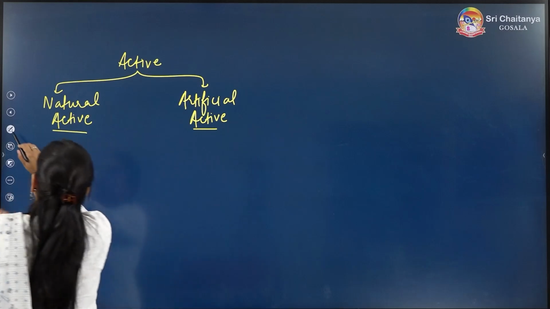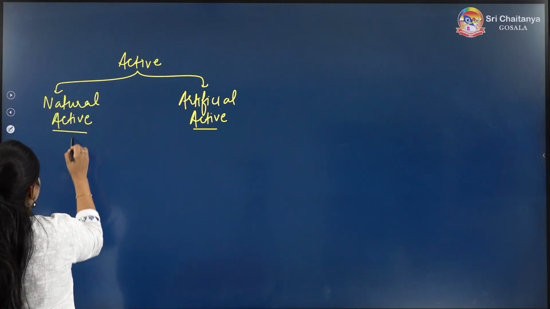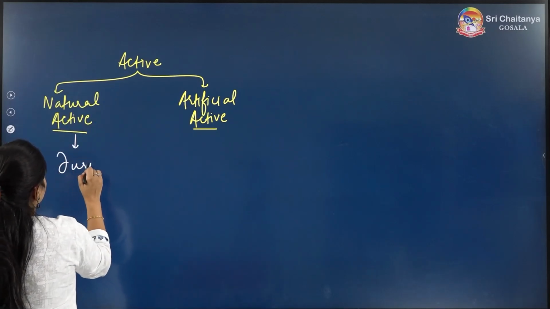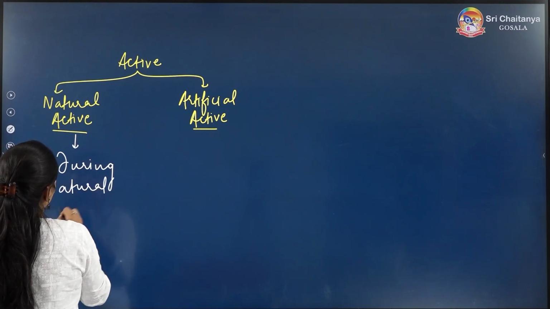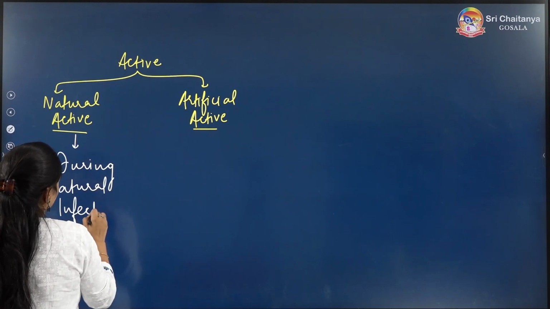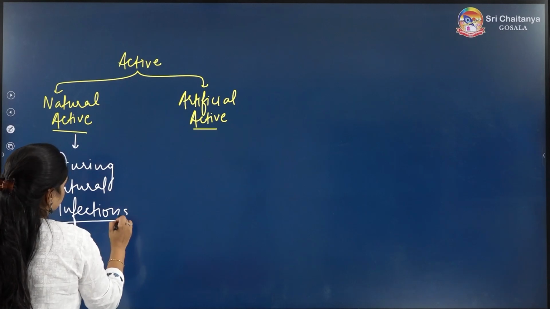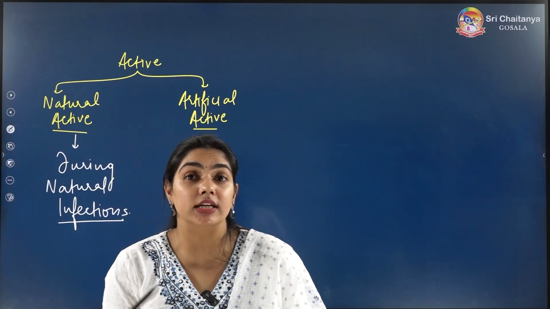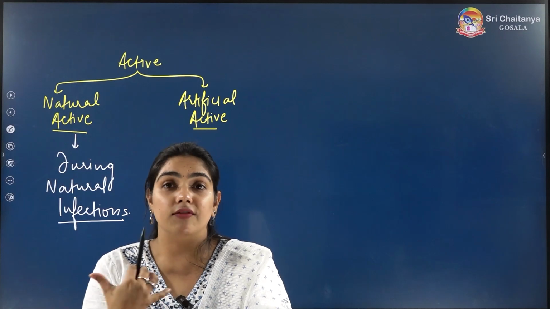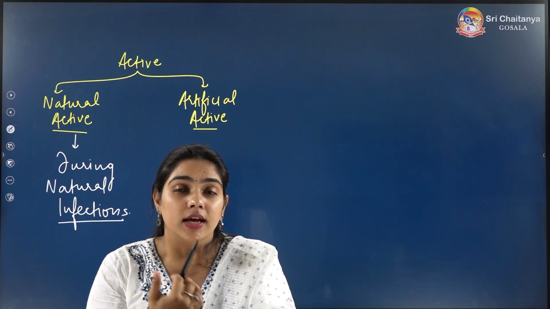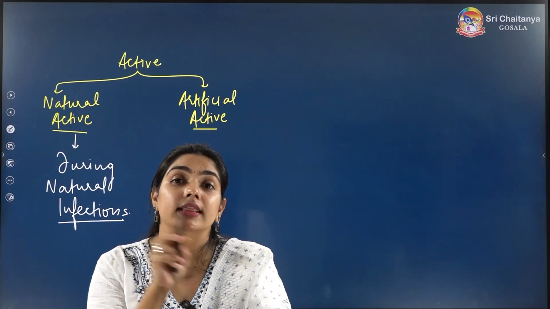So we can write: during natural infections. But I don't want my students to get the disease, right? I have got this pathogen, now I have got the disease. But I don't want all of you to get the disease.